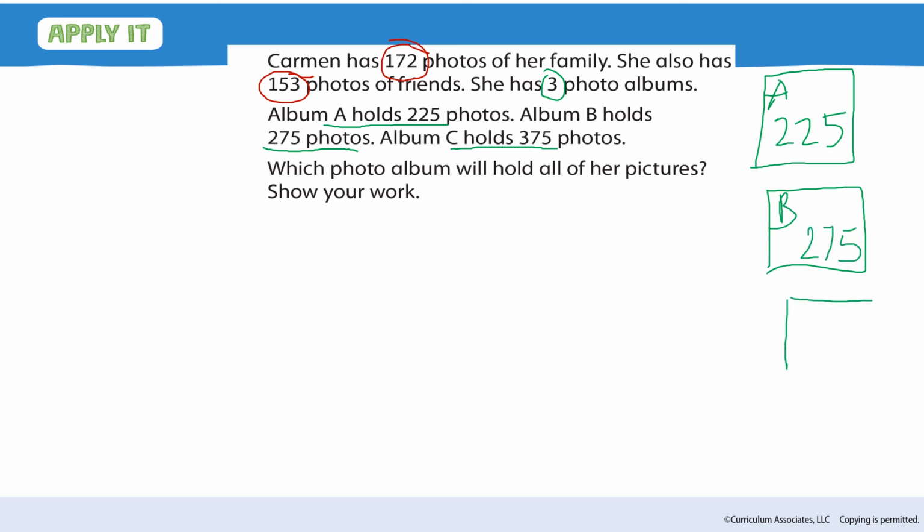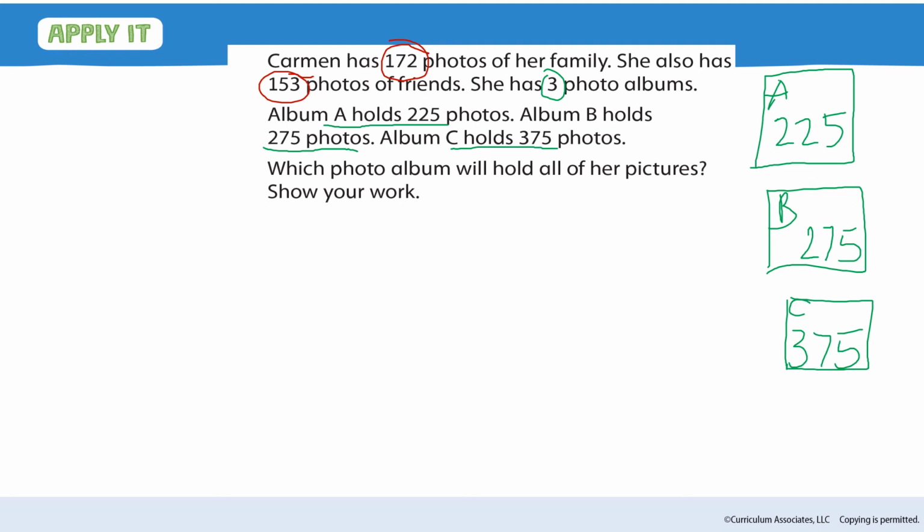And C will hold 375. And all of those pictures circled in red have to go into one of those albums. So if we have those 2 separate groups of pictures, both family and friends, we're going to need to find out how many total pictures she has.